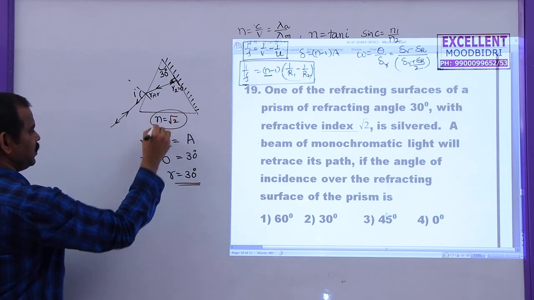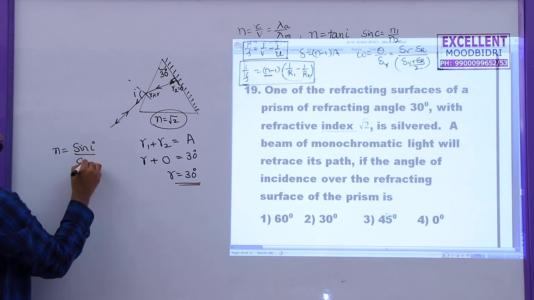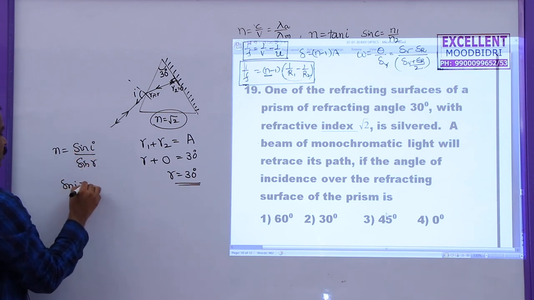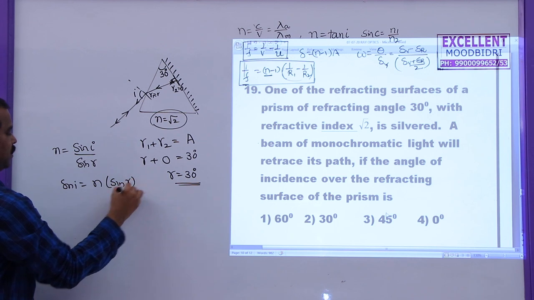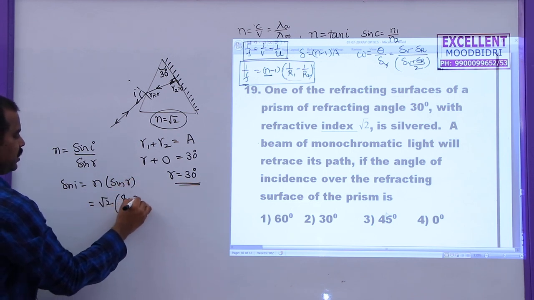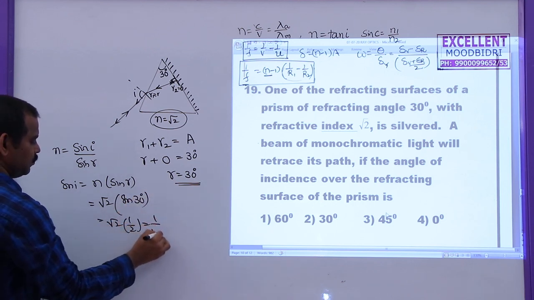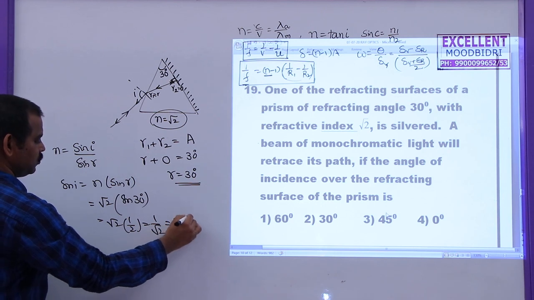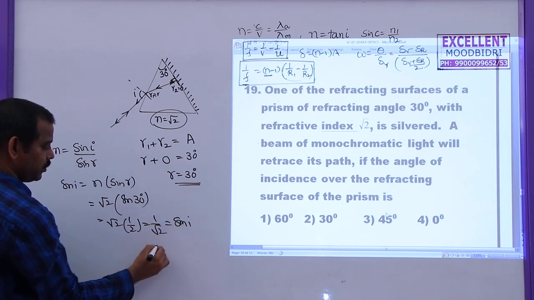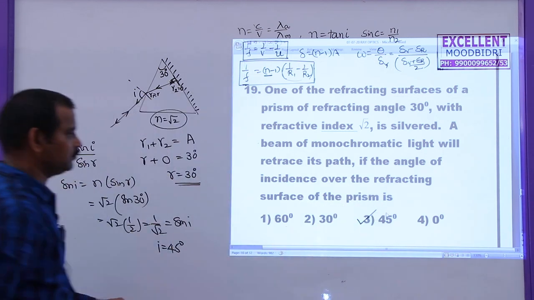Now, as we know that n is equal to root 2, n is equal to sin I by sin R. Sin I is equal to n into sin R, that is root 2 into sin 30. Sin 30 is 1 by 2, so this is 1 by root 2, which is equal to sin I. So sin 45 is 1 by root 2, so I is equal to 45 degrees. So option 3 is correct.